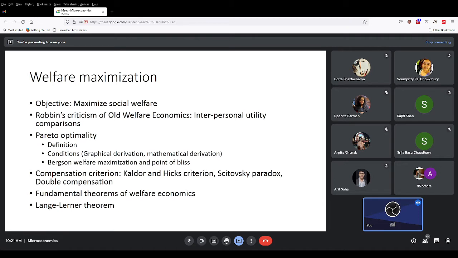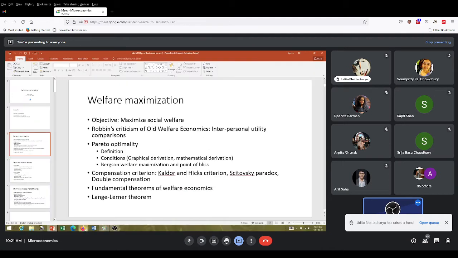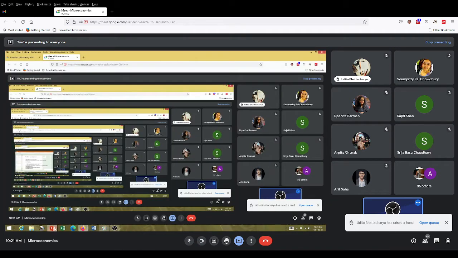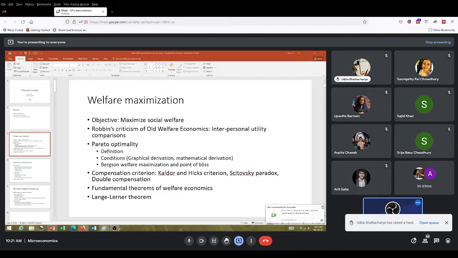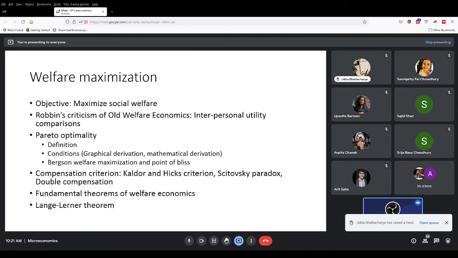So in order to take care of this limitation of Paretian theory, we have to bring in the concept of a welfare function.